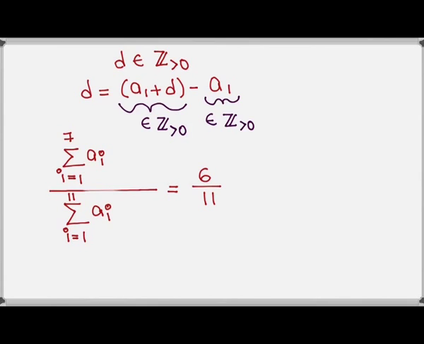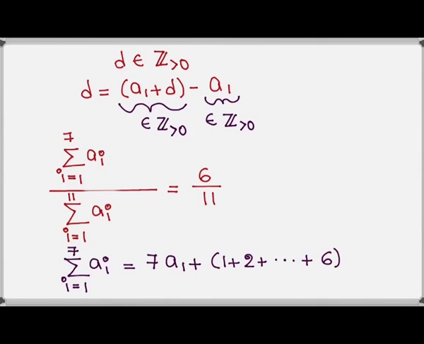Now note that sum over I running from 1 to up to 7, AI is equal to 7A1 plus 1 plus 2 plus so on and so forth up to 6 into D. Note that this is equal to 6 into 7 divided by 2.